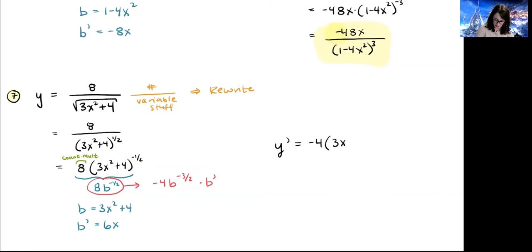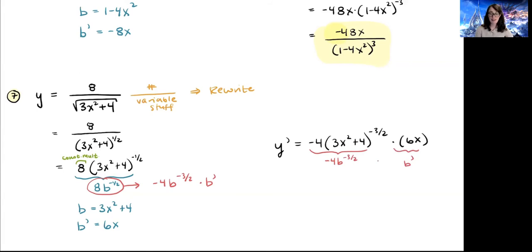We leave the inside the same and subtract 1 from the power. Then we have to go inside and differentiate the inner function, the 3x squared plus 4, and multiply this whole thing by its derivative, which is 6x. So again, here we've got negative 4b to the negative 3/2, and then here we've got b prime.